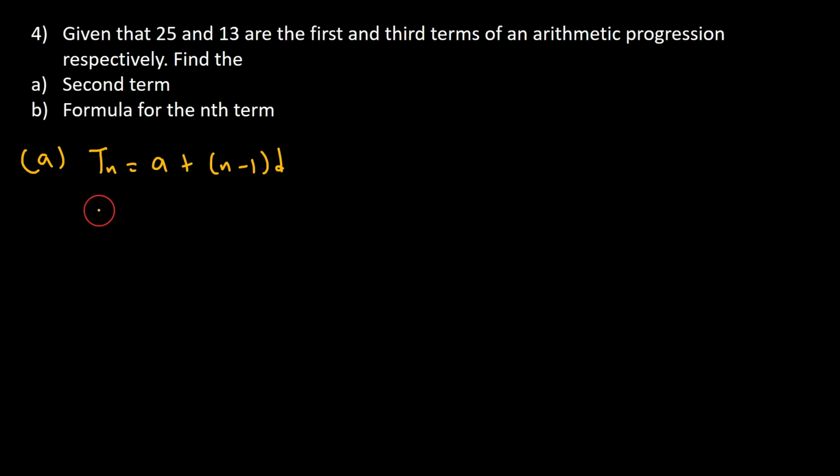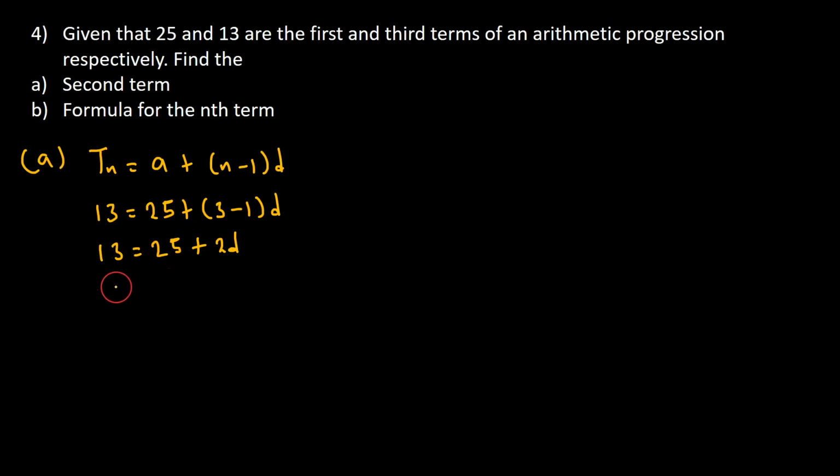So where there's Tn, we replace with 13 equals, where there's a, we put 25 plus, where there's n, since it's the third term we are using, we put 3 minus 1, and then d, we do not know it, so we can rewrite 13 equals 25 plus 2d, since 3 minus 1 gives us 2, and that 2 multiplied by d just gives us 2d.